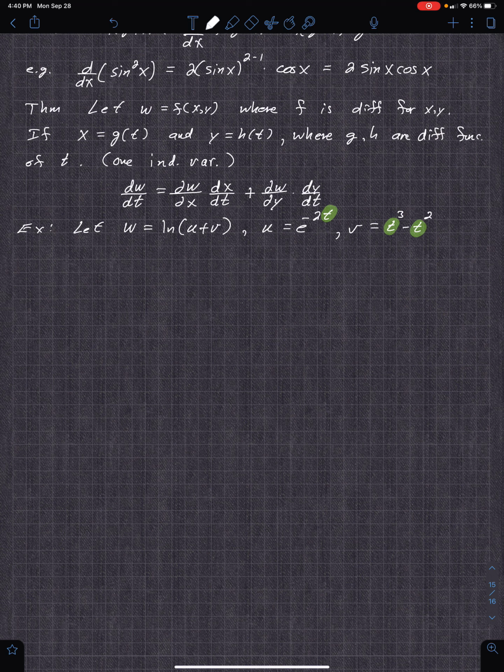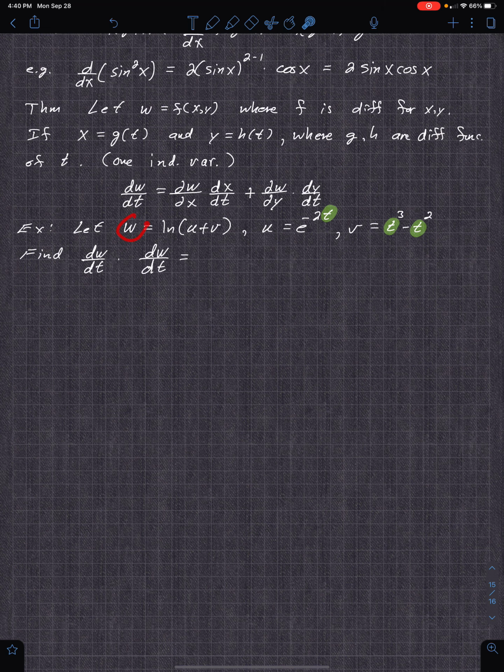So what I want you to do is first write out the expansion with the correct variables. So the directions here would be to find dw dt, because it's just one independent variable. So then expand out dw dt. Say dw dt, and then you have to hit each partial once.